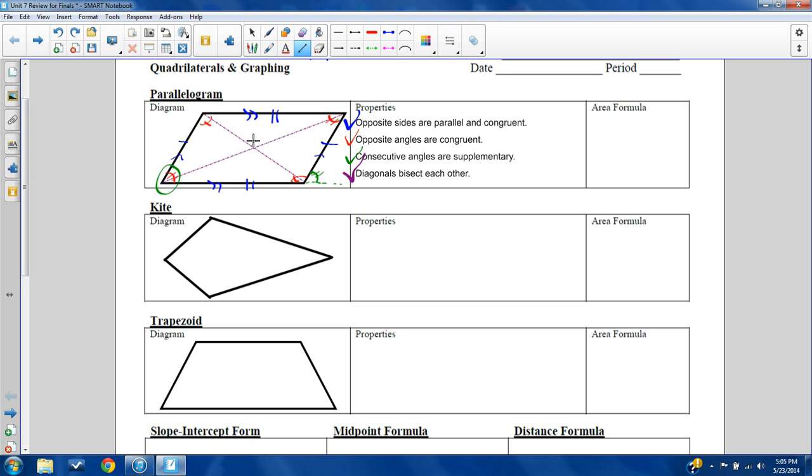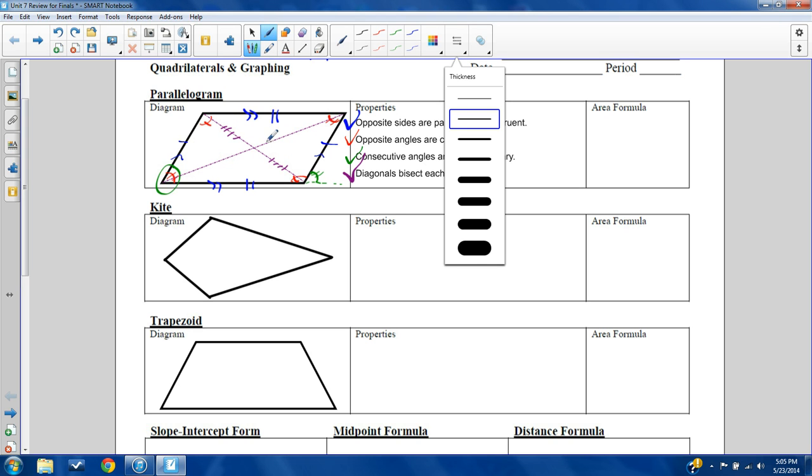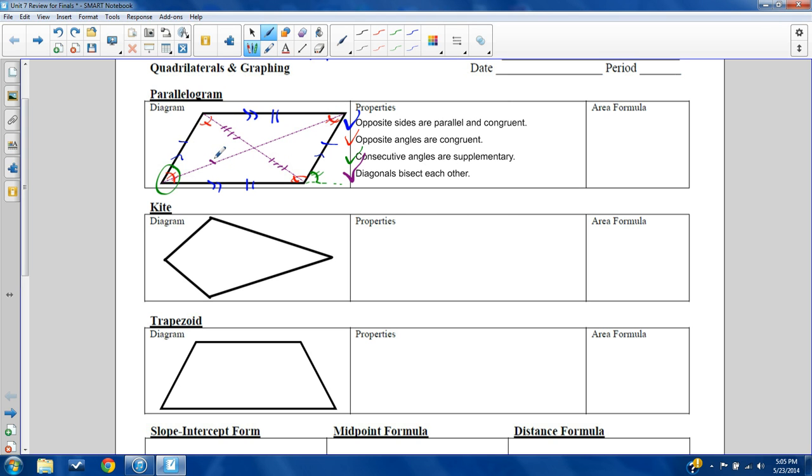So while the opposite angles are congruent, you can draw the diagonal through there as well. The diagonals bisect each other means that this diagonal creates two congruent segments here and here in that diagonal. And this diagonal creates two congruent segments here and here in this diagonal.